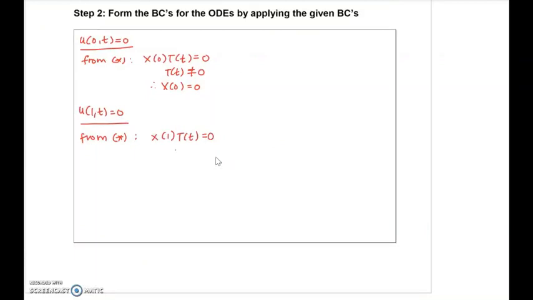With the same justification, T of t cannot be 0, then X of 1 needs to be 0. So these two are basically the boundary conditions for the ODEs. We are going to use these boundary conditions later in solving the equation.